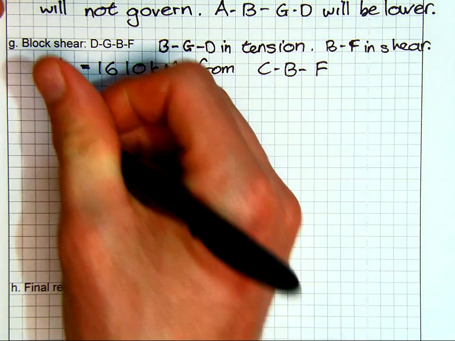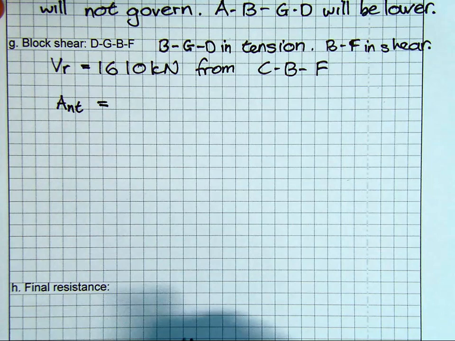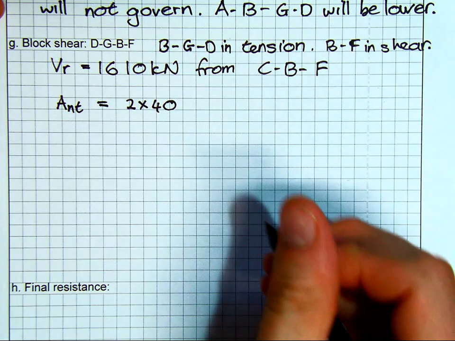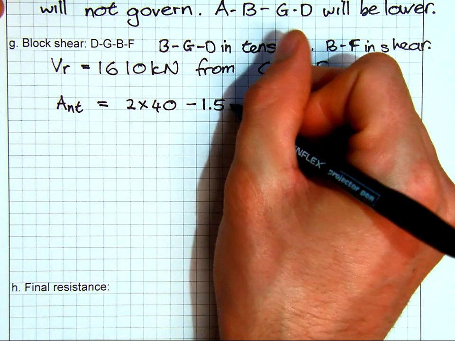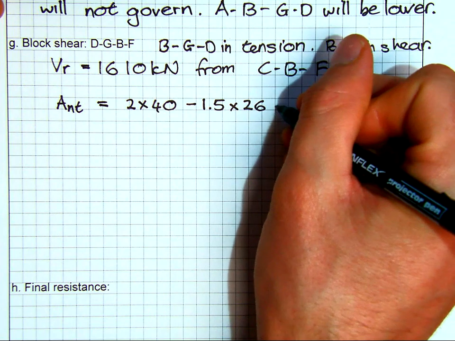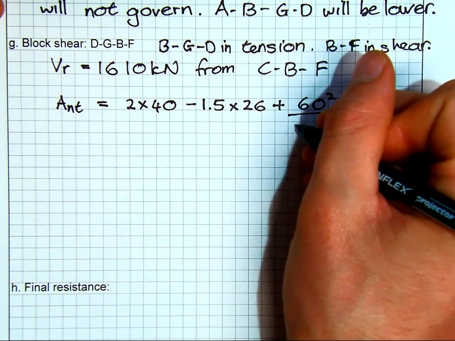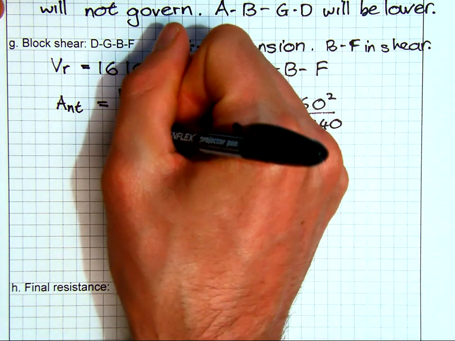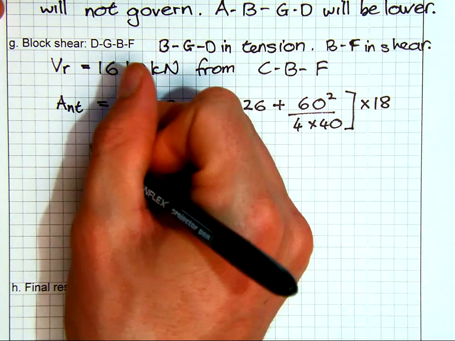So what is the tensile value there? Our net tensile area is going to be 2 times 40 minus, there's 1.5 bolt holes that passes through here, plus the sloping bit, which is S squared over 4G. And this entire section is multiplied by 18.